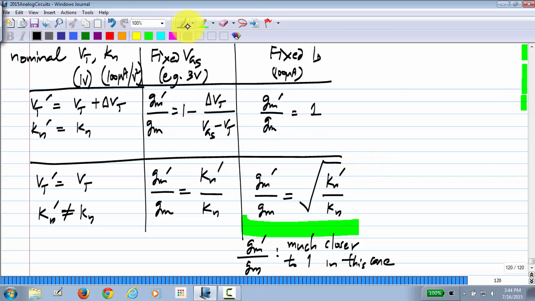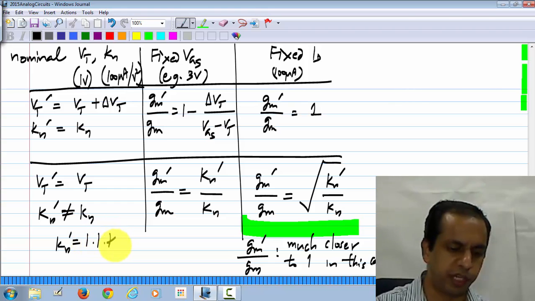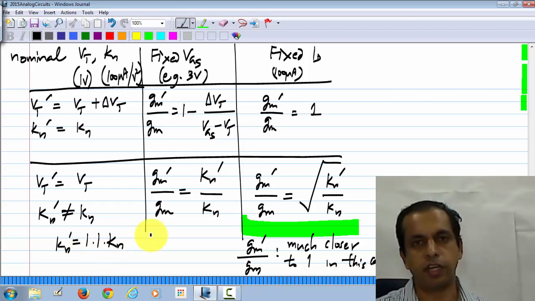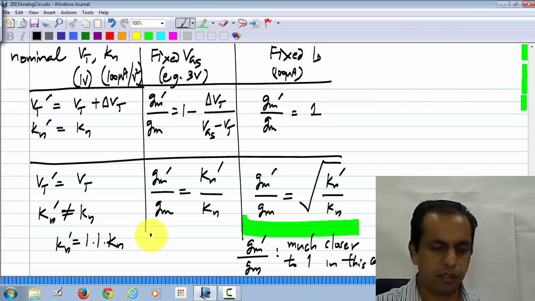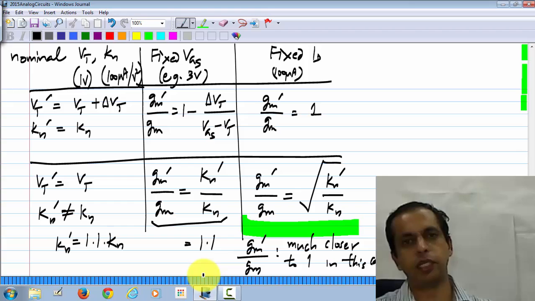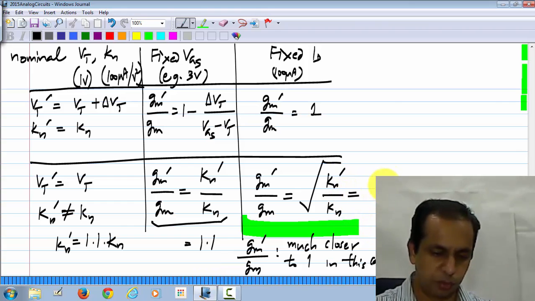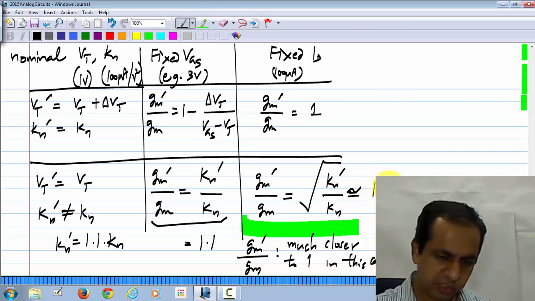So let's assume that Kn prime is 1.1 times Kn. That is, the current factor has increased by 10%. So then in this case, this number will be 1.1. Gm also increases by 10%. Whereas in this case, this will be approximately 1.05.